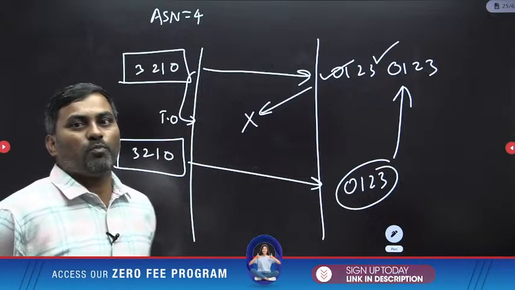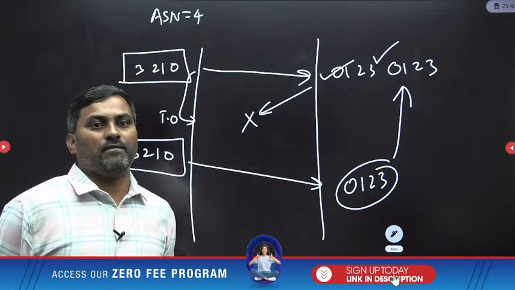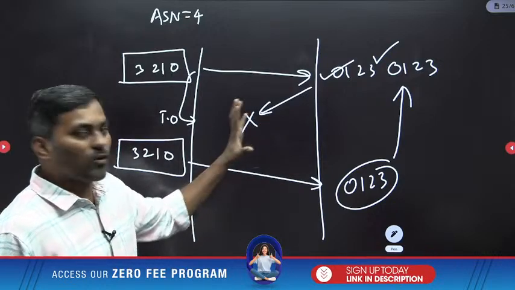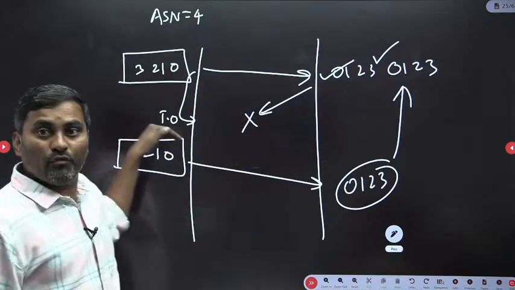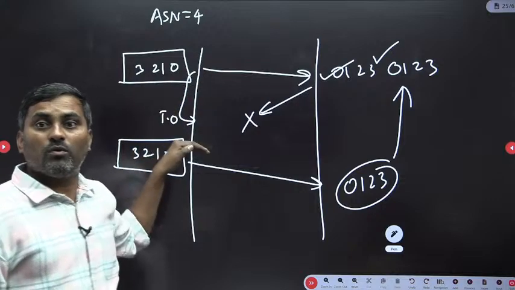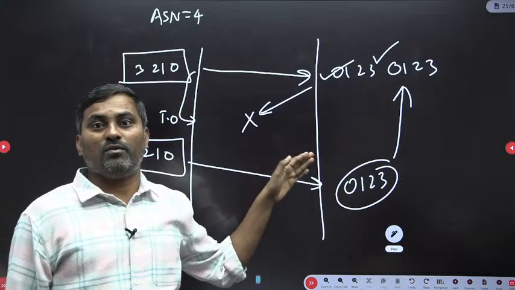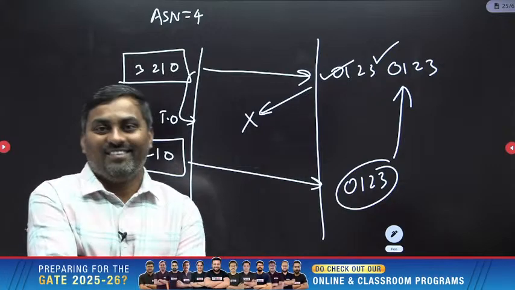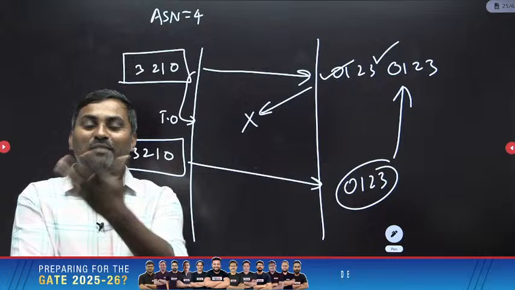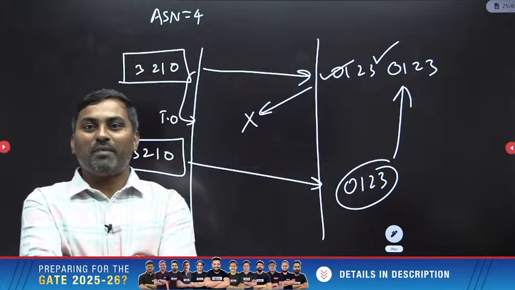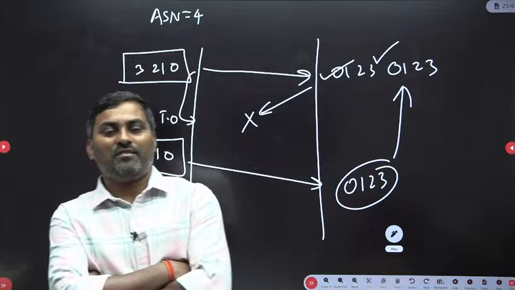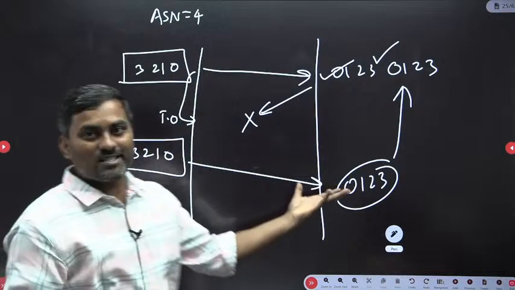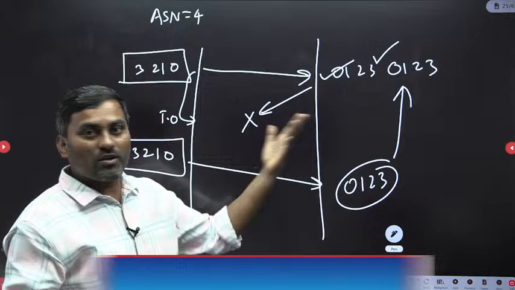How to resolve this problem? He received, he sent acknowledgement, acknowledgement lost. That is where the available sequence number minus 1 came into the picture. Why like this? Now my question, simply answer it: how to resolve this problem?